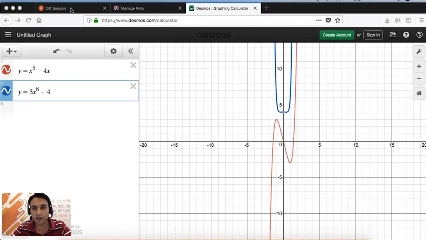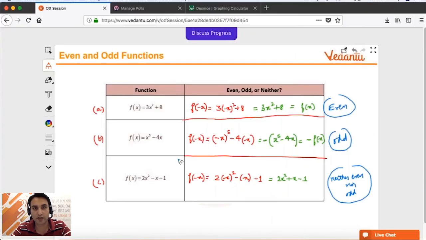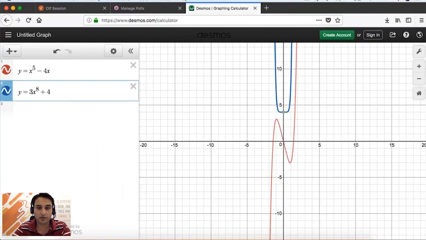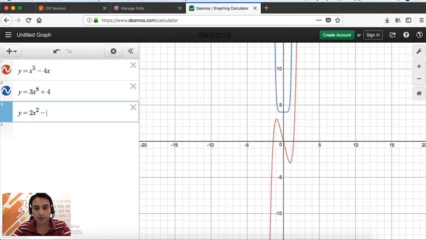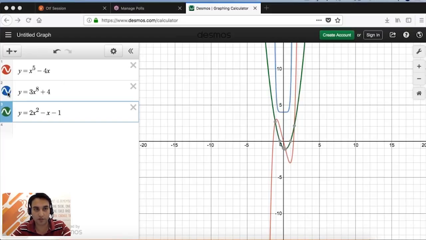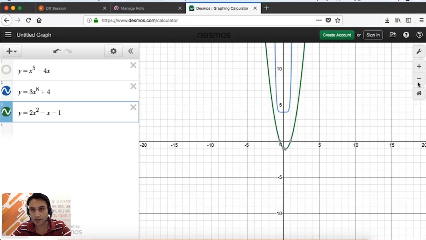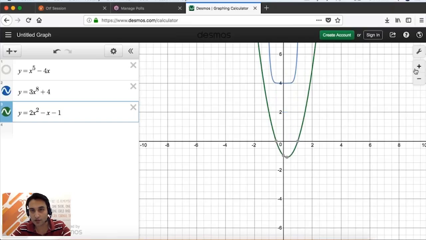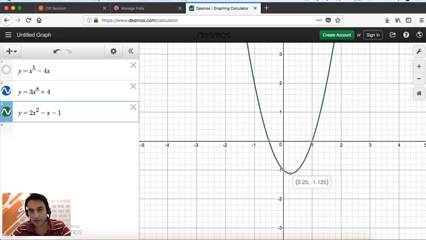And the third one is neither even nor odd: 2x squared minus x minus 1. If you look at it carefully, this is neither even nor odd. If I remove these two, see, this graph is not symmetrical about the y-axis, right? Had it been symmetrical about the y-axis, this vertex would have been on the y-axis. So this is neither even nor odd.